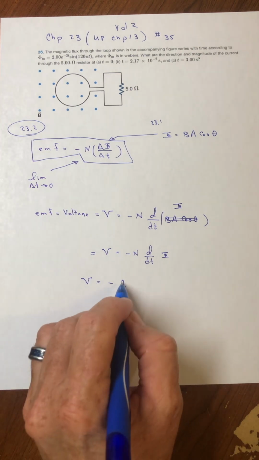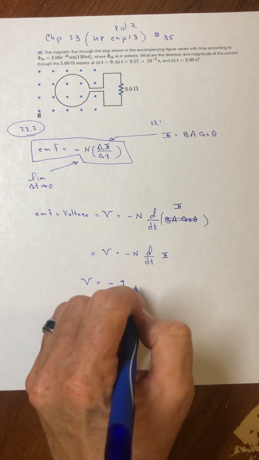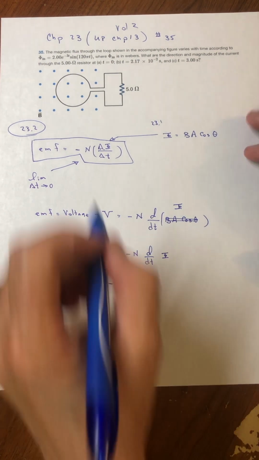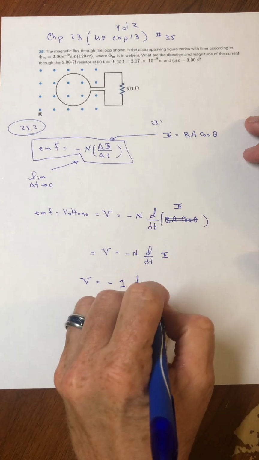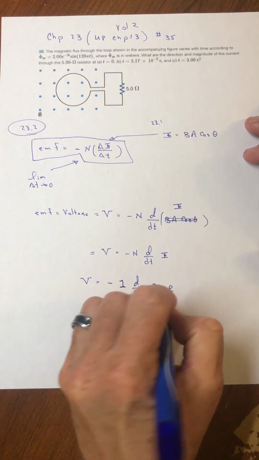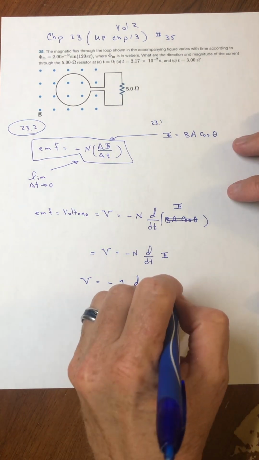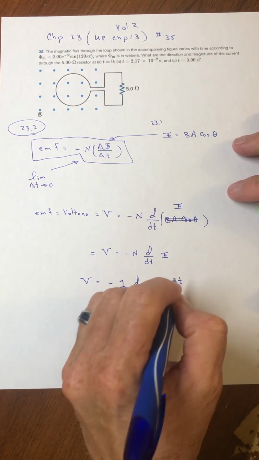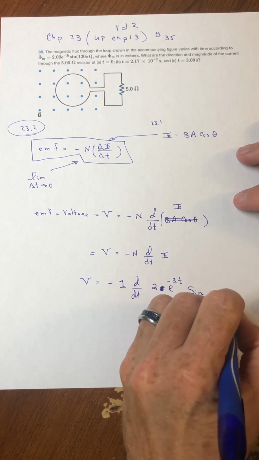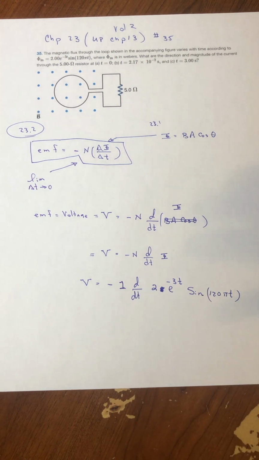So I'm going to put a negative, one loop, and then the time derivative of the equation they give me, 2e to the negative 3t sine 120 pi t. And they're asking for the current.